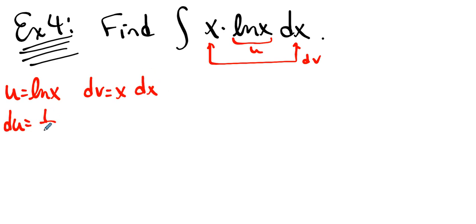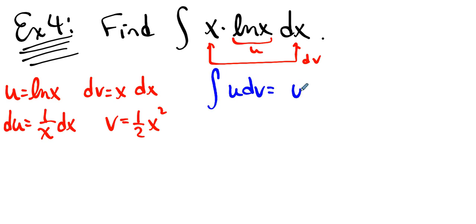So what's du? The derivative of ln x. What's v? Well, v is the antiderivative of this function here. Well, that doesn't look good. Let's see what this does. The formula says integral of u dv is uv minus integral of v du.